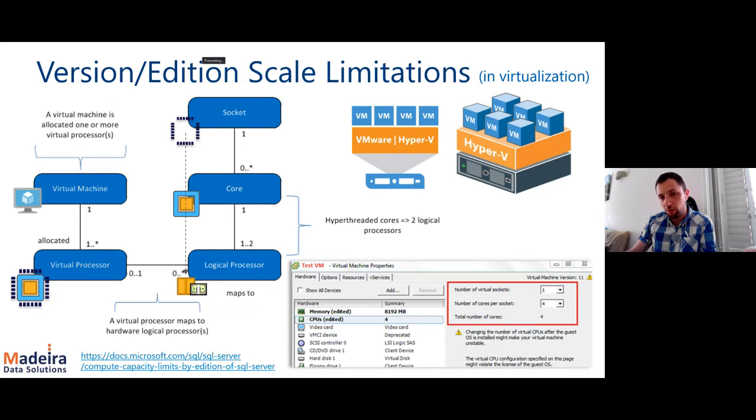So that's an easy way to detect whether SQL Server is actually using all of the cores available to it, and if not, then why? In the error log, you could have: SQL Server detected 24 logical cores, with 16 cores used due to licensing limitations, or something like that.